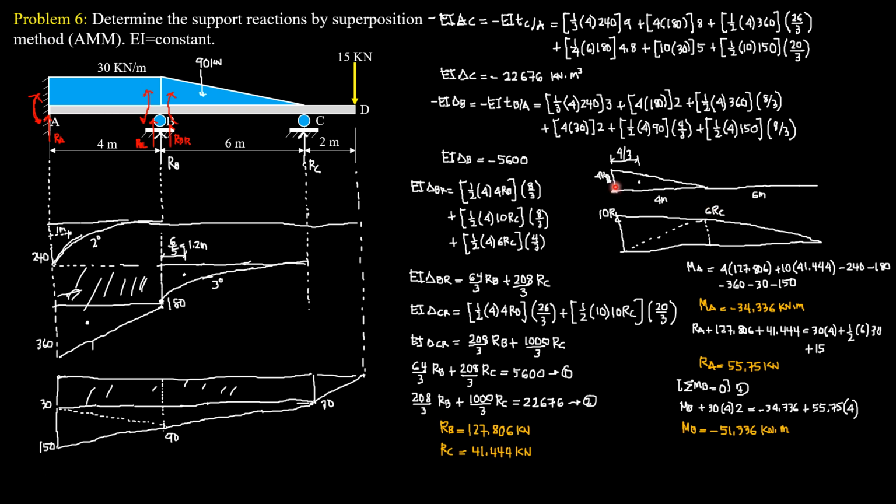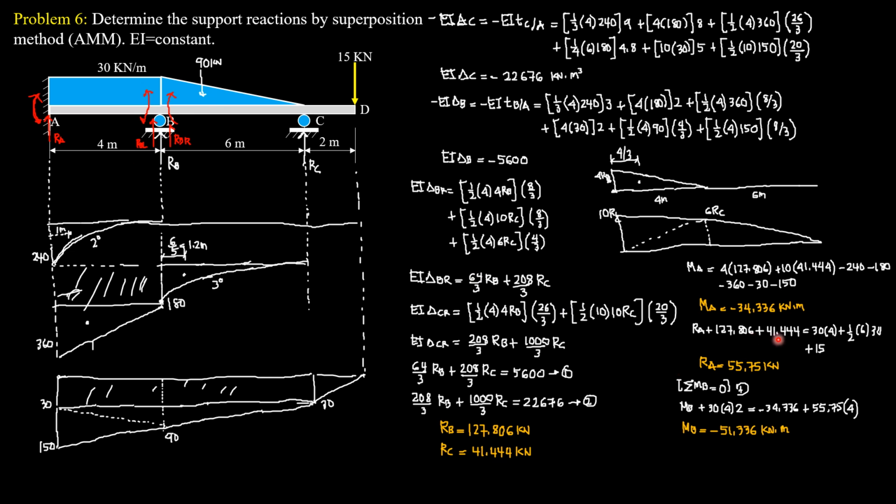So it is 4 times RB plus 10 R sub C, remember, this is point A, then minus 240 due to the loads, minus 180, minus 360, minus 30, and minus 150. So the moment at A is negative 34.336 kilonewton meter.